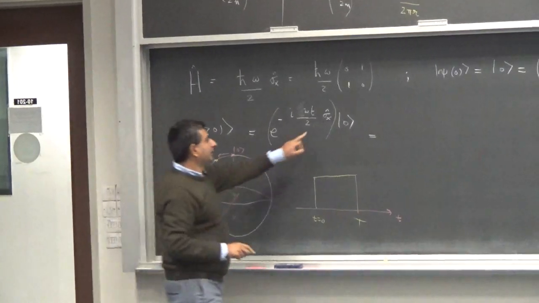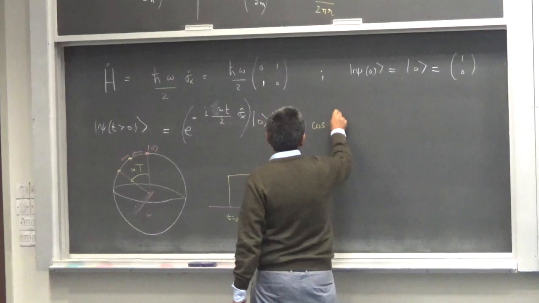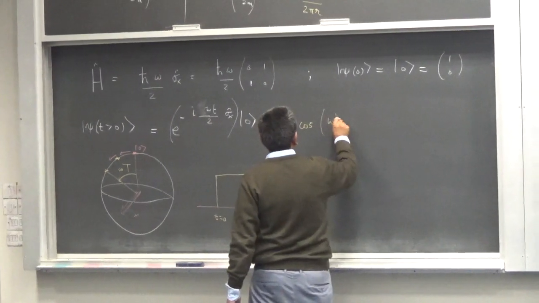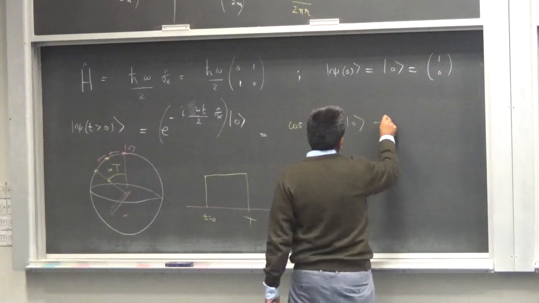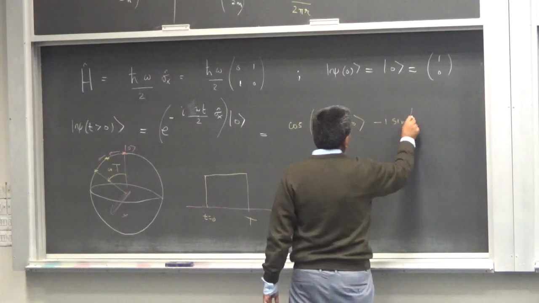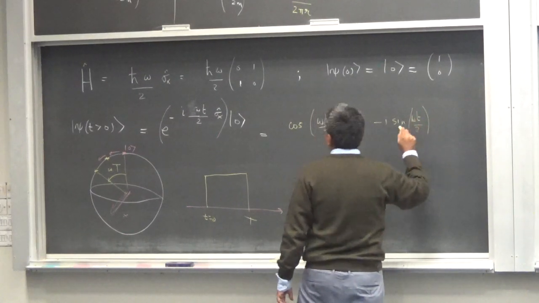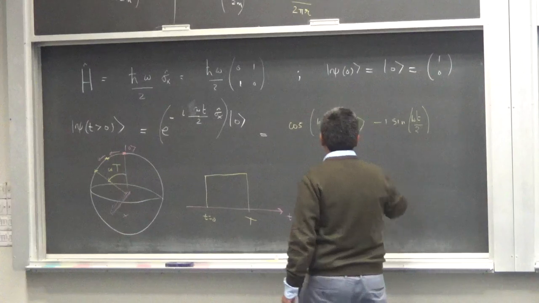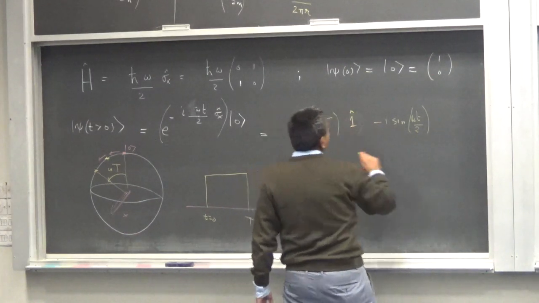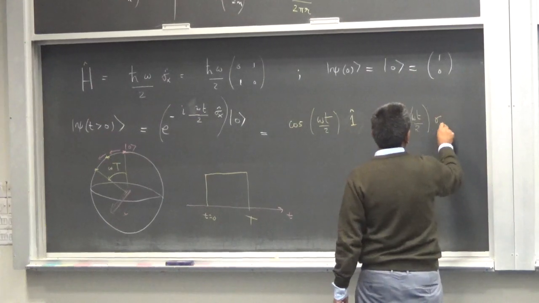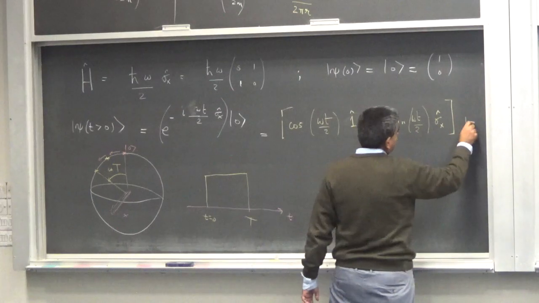Because the square of sigma x is identity, and if I look at the theorem that I described, this is cosine omega t over 2 identity minus i sine omega t over 2 sigma x, all of this acting on ket 0.